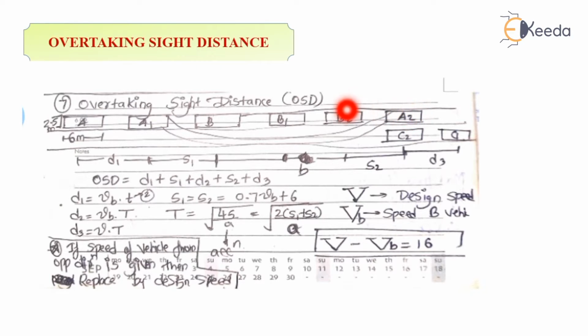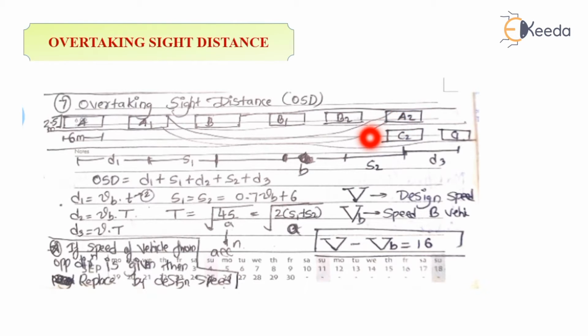At this time, when vehicle A1 reaches A2, vehicle B1 will reach position B2. As this vehicle has less speed, the distance covered by B1 to B2 is less, while A has increased its speed, and the distance covered by vehicle A is from A1 to A2.